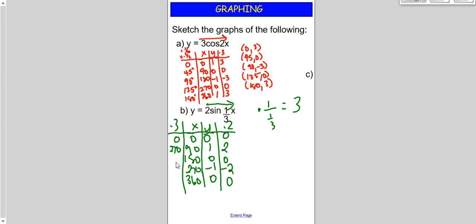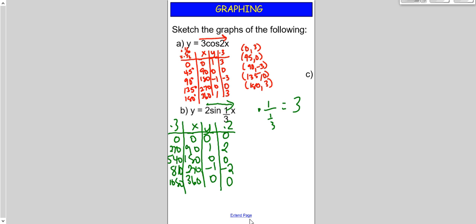And 180 times 3, let me just double check all this, is 540. And 270 times 3 is 810. Ooh, we're not going to be able to fit much on this grid. 360 times 3 is 1080. Wow.